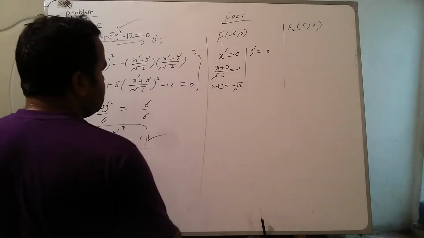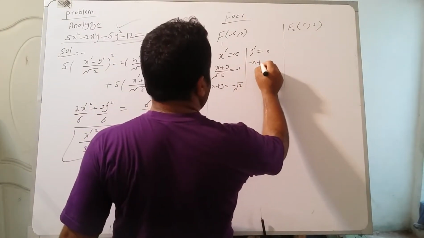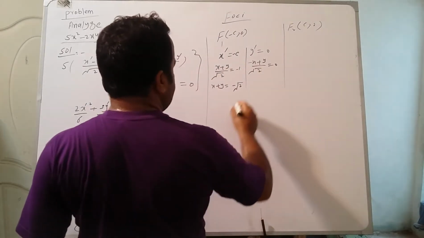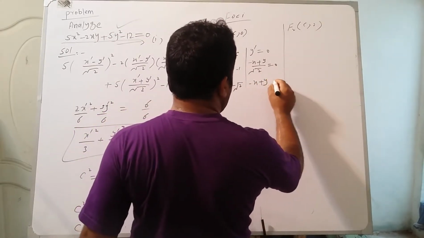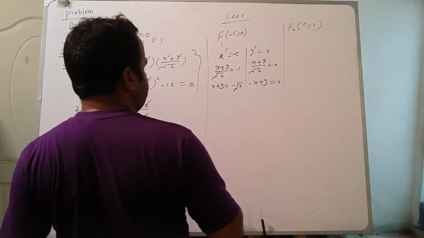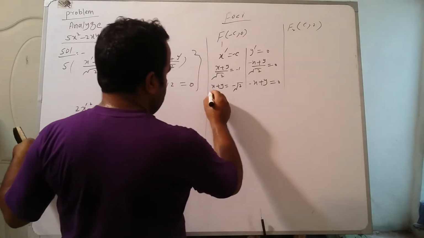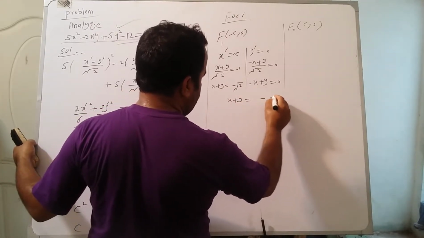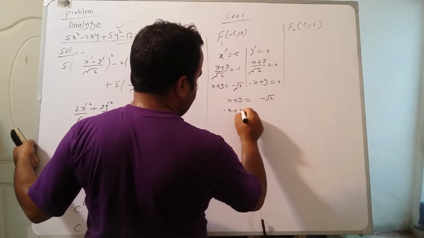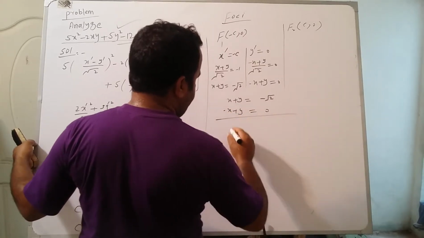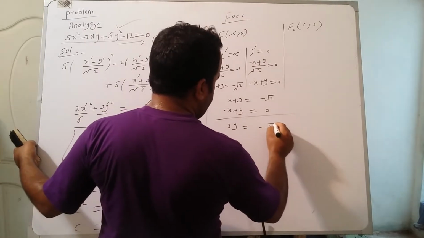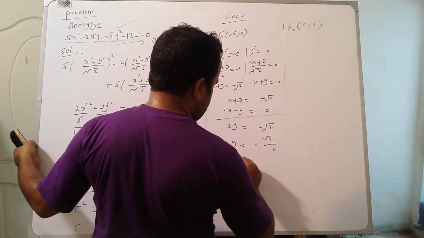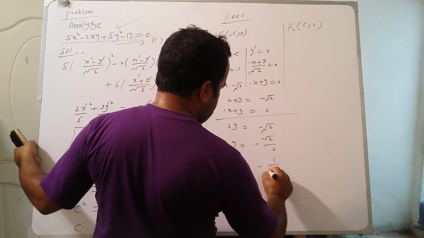Now y dash is equal to minus x plus y over root 2, which is equal to 0. This means that minus x plus y is equal to 0. So write these two equations: x plus y is equal to minus root 2 and minus x plus y is equal to 0. After adding, 2y is equal to minus root 2, so y is equal to minus 1 over root 2.